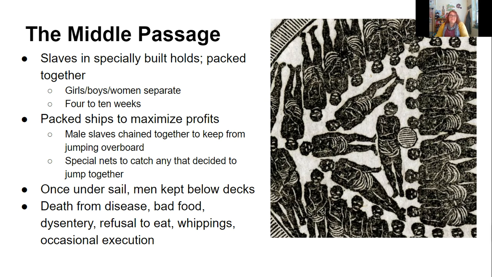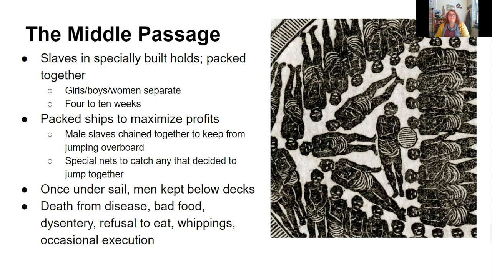Girls and boys and women were all separated for 4 to 10 weeks, and the ships were crammed packed. And the only reason why is because they wanted to maximize their profits. Male slaves were chained together to keep them from jumping overboard. There were special nets placed along the outside of the ship, so if any did decide to, they could still catch them. And once under sail, men were kept below deck.